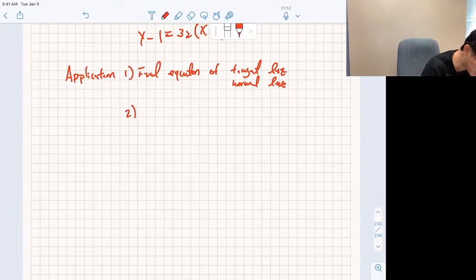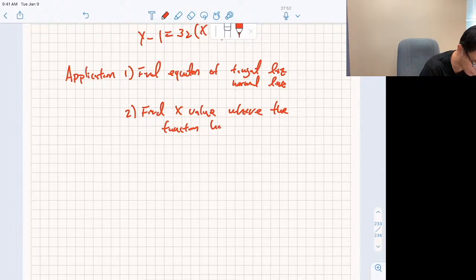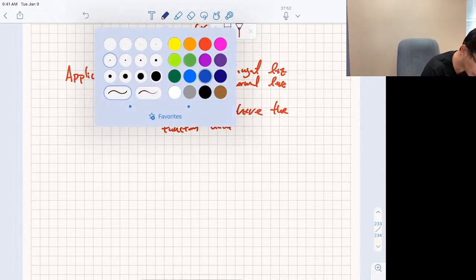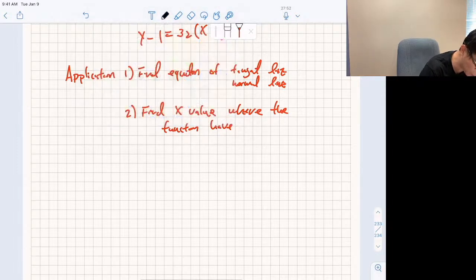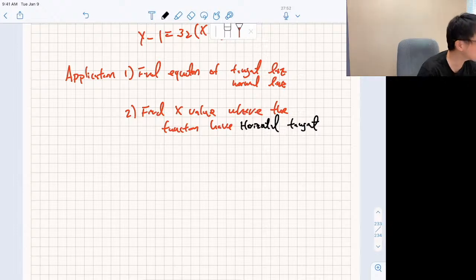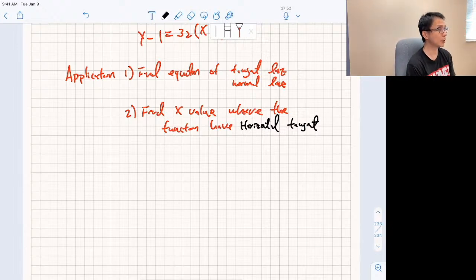Second application is, how do you find the x value where the function has a horizontal tangent? The big name here is called horizontal tangent. It's very, very important. What does horizontal tangent mean to you?